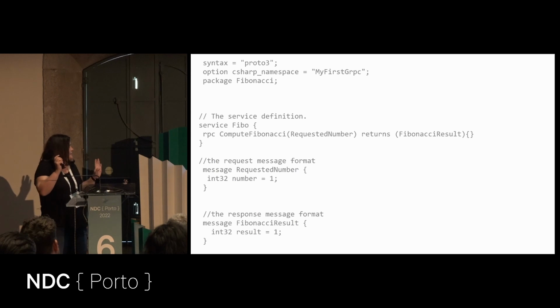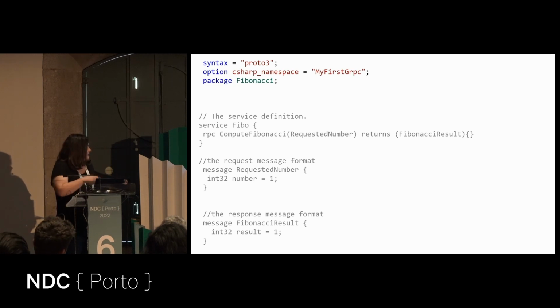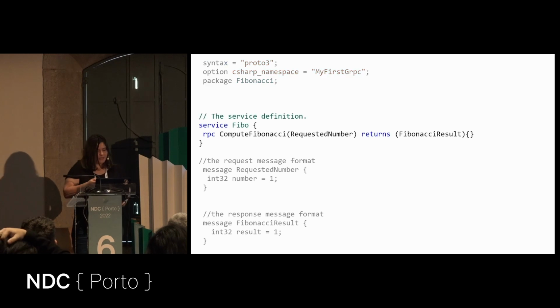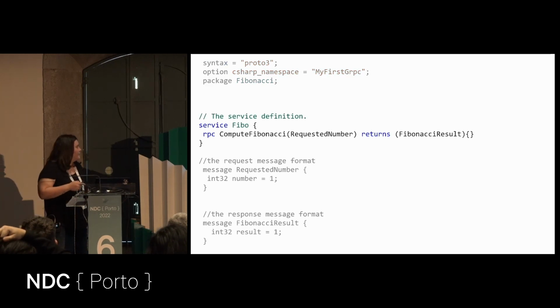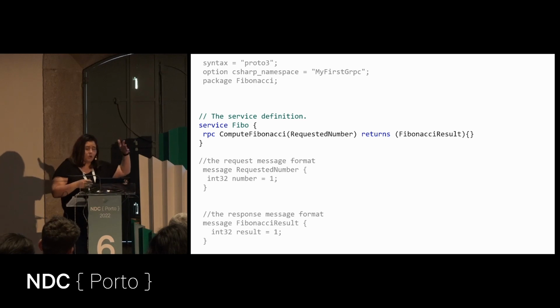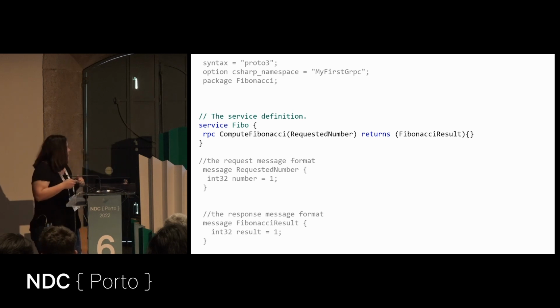A proto file is a simple file with the extension .proto that has a special syntax defined by Google, where you define the version, the namespace, the package that will be generated afterwards. And after that, you'll have the name of the service and the methods that are exposed. So in this case, I want to say, hey, I have a service that is called Fibo, and it has a method named ComputeFibonacci that returns a Fibonacci result and gets an input named requested number.